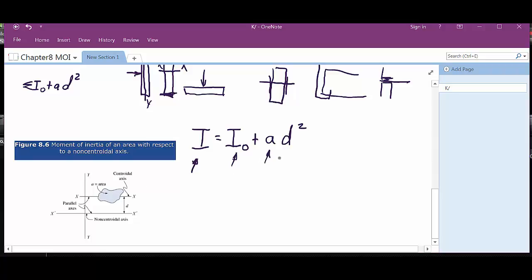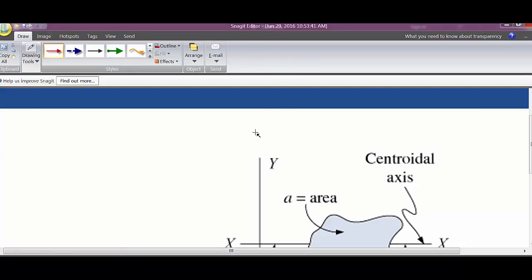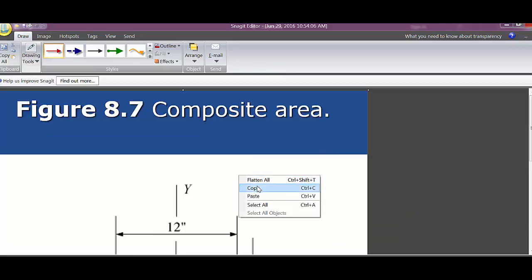And then this d is going to be the distance from the centroidal axis of your original piece to where you're trying to find it relative to that new axis. Okay? So this will make a little bit more sense here when we get to a good picture. In fact, it's going to be this picture right here. This will probably bring it together. I sure hope. This one right here.